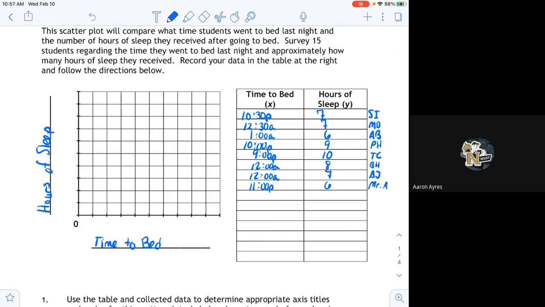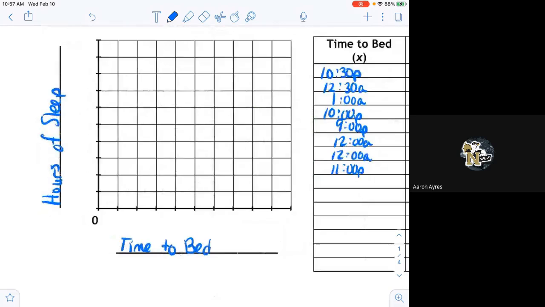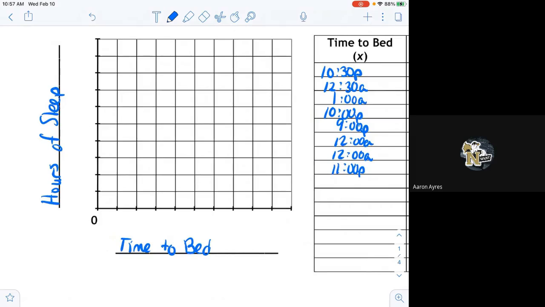Well, let's look at a half hour and see what would happen. Here's another thing we can do if we have to. We don't have any data until 9 p.m., so I can make a break here by putting a squiggle or a zigzag there.